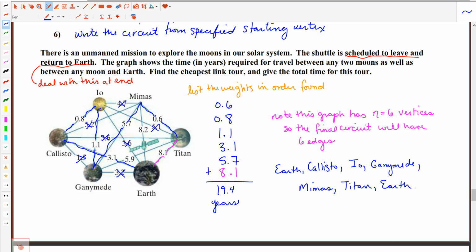So this would be the circuit, and also as a reminder, I would accept the mirror image of this one. So maybe I'll just write or mirror image. Either one of them would be a viable option with an overall weight of 19.4 years.